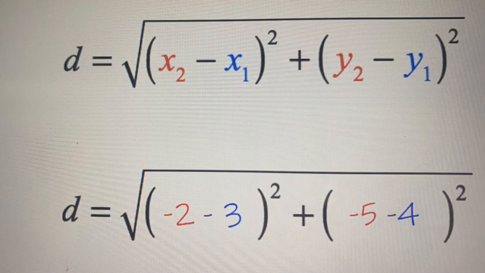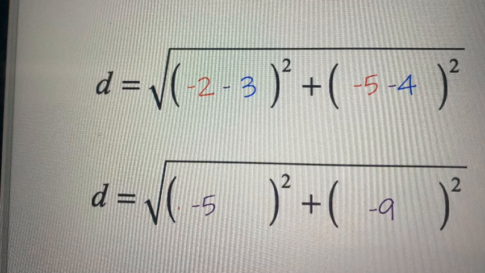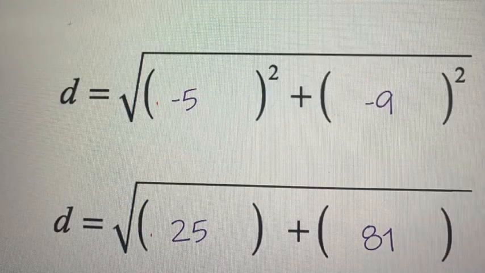Now, the first thing I have to do is combine -2 minus 3, and I get -5. I combine -5 minus 4, and I get -9. So now I'm getting -5 squared is 25, and -9 squared is 81. 25 plus 81 is 106.